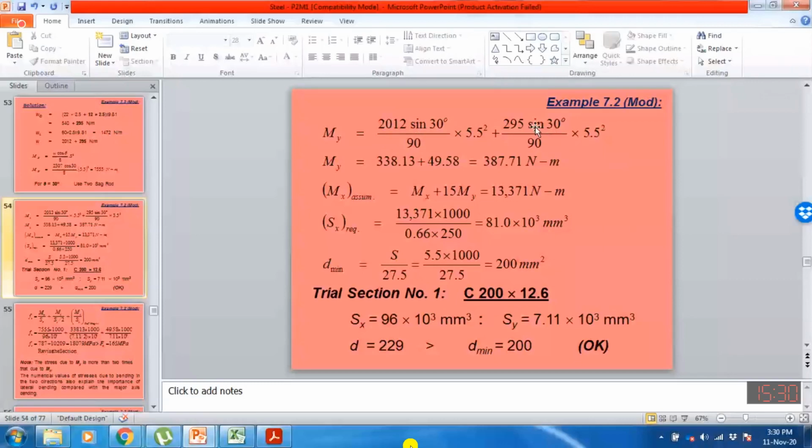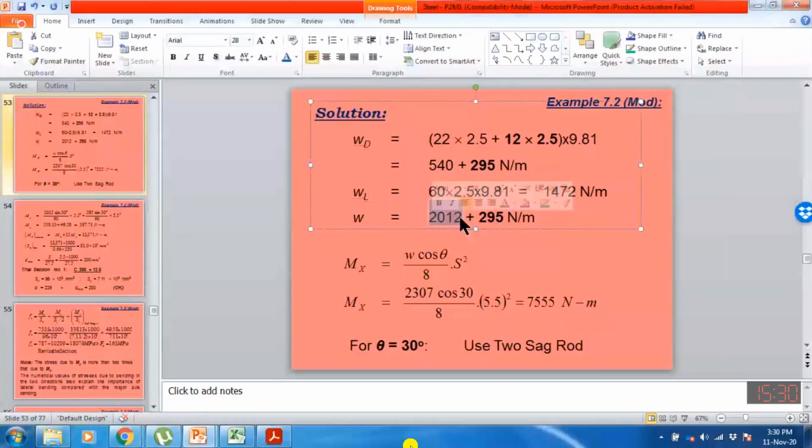The moment about the y-axis due to the superimposed dead load and live load is computed separately, because these loads act at the top of the purlin while the self weight acts at the center of the purlin. The superimposed load will produce bending moment about the y-axis and also torsion. The self weight will only produce the moment about the y-axis and will not produce any torsion.